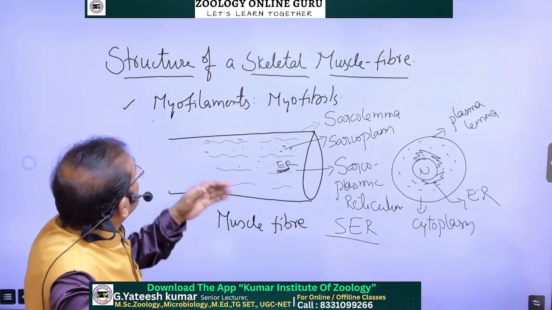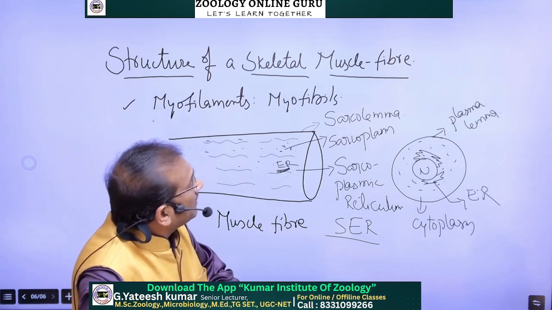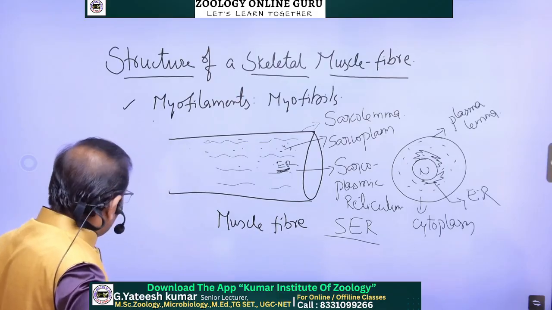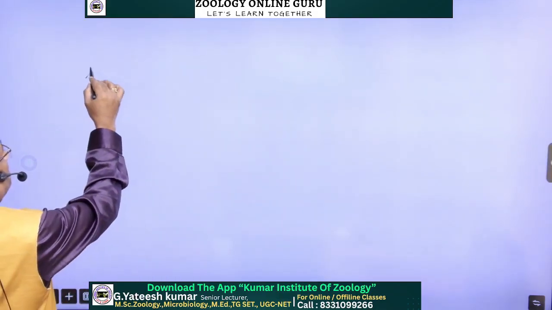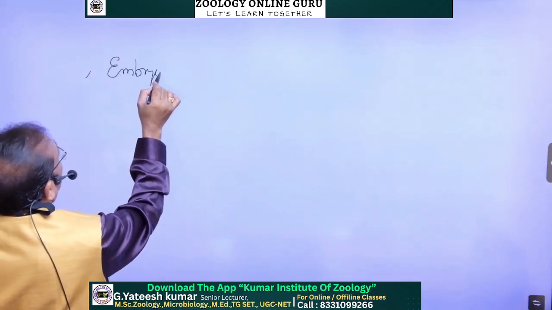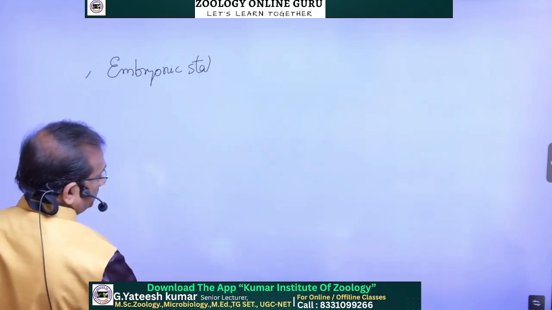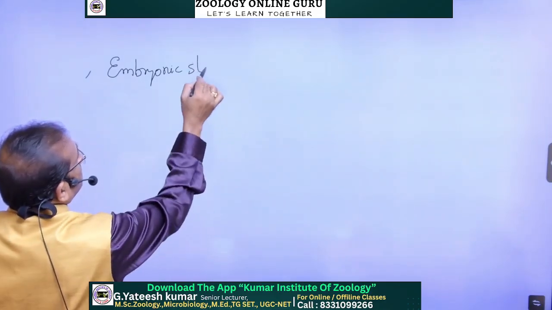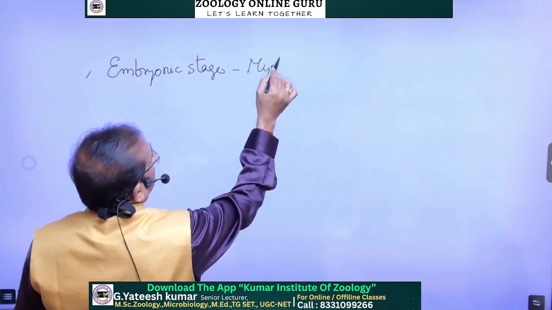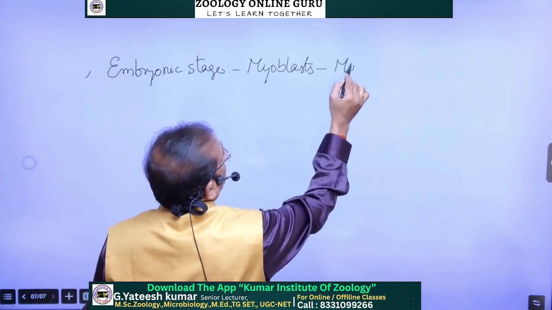Now we are discussing the structure of a skeletal muscle fiber. All these skeletal muscles are made up of embryonic myoblast cells, which are mononucleate.